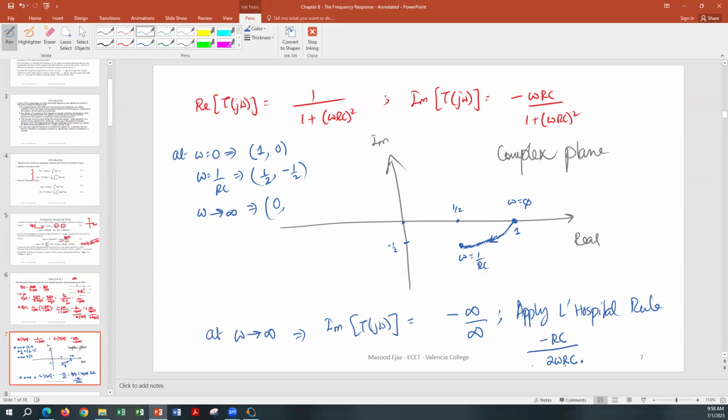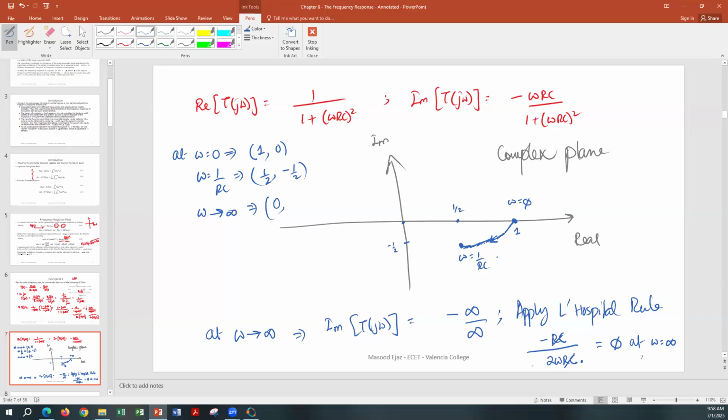So RC cancels out, and when you put omega equal to infinity again, you're going to get 0. So anytime after plugging in the limit you're getting 0 over 0 or infinity over infinity, you first have to apply L'Hopital's rule.